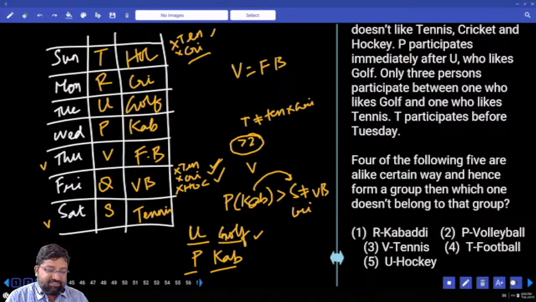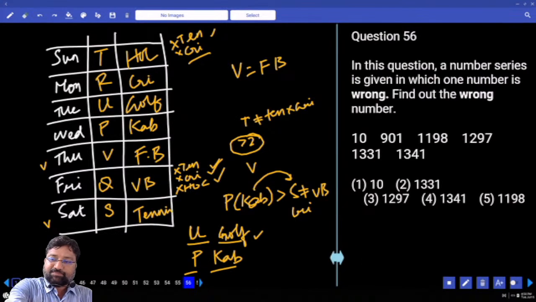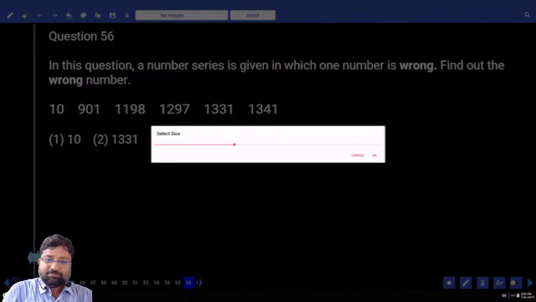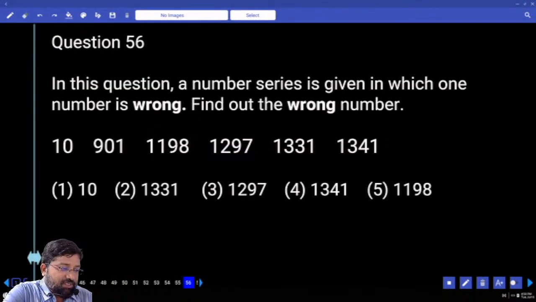Any questions on number series in this? What is it? Increasing order, decreasing order?